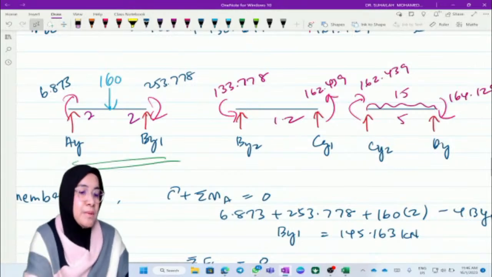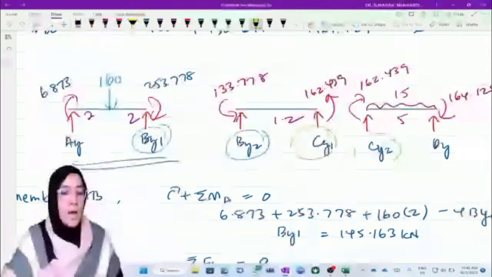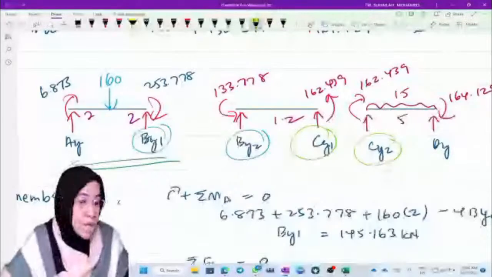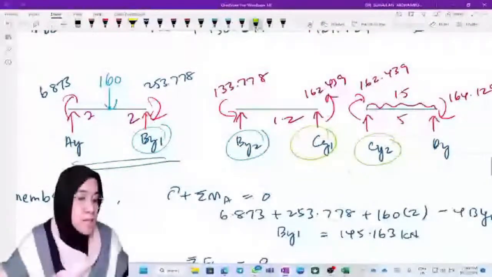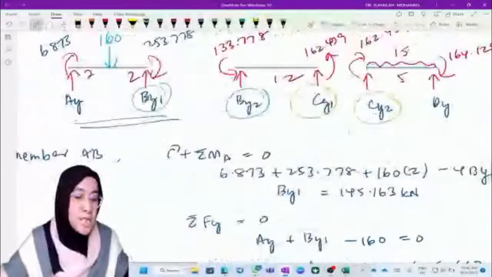BY1 and BY2 mean that when we add these two, we get BY. Likewise CY1 and CY2 give CY. For AY and BY we only have one each. We analyze one by one, just like a simply supported beam, and we will get all the shear values.